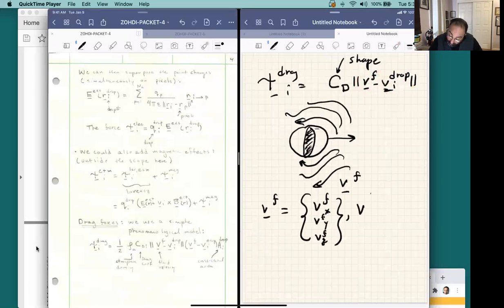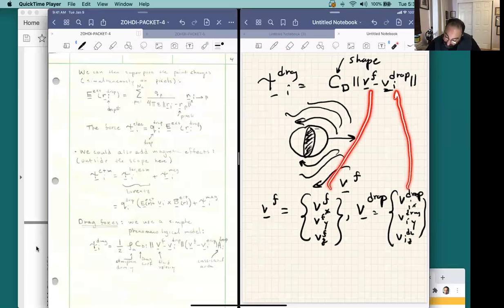The drop of material, like shown here, is also a vector. That vector, of course, is given by V of the drop I, x, V of the drop I, y, V of the drop I, z. So it also has a vector value. Each of the values here are vector valued and vector valued there. So that's the first order of business.